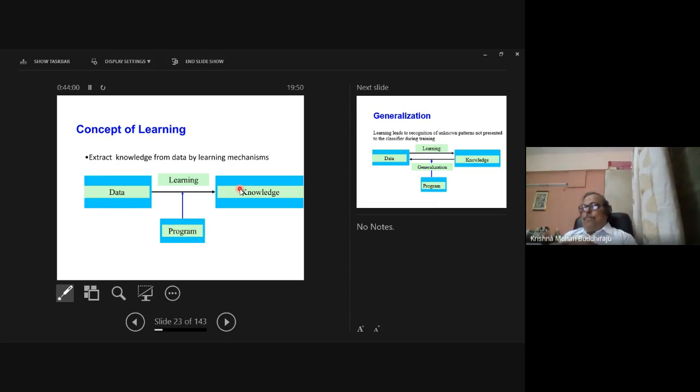Now, with the help of a few labeled samples, when the classifier learns, will it be able to, on its own, analyze or classify new samples which were not shown before? It's like a student having to answer questions in an exam where the questions are different from what are solved in the class.